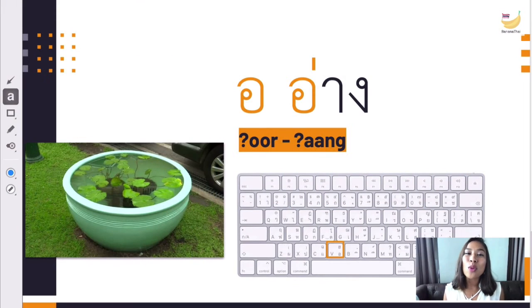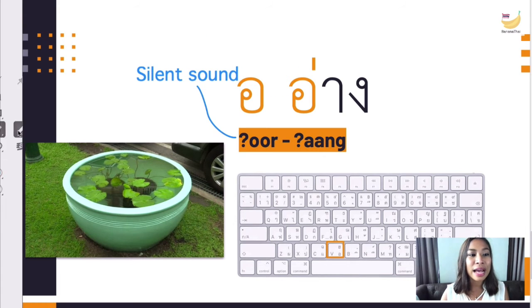And the last one of the middle class consonants is called ออ่าง. You're like, what is this? It's not a mistake, it's by intention. ออ่าง we call a placeholder. Basically it's silent, so no sound.